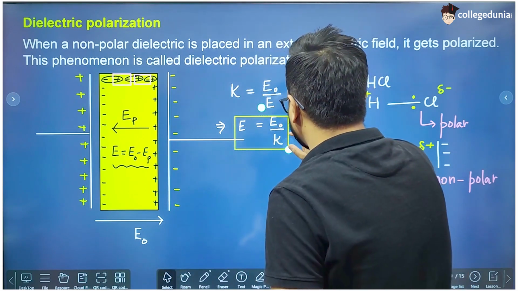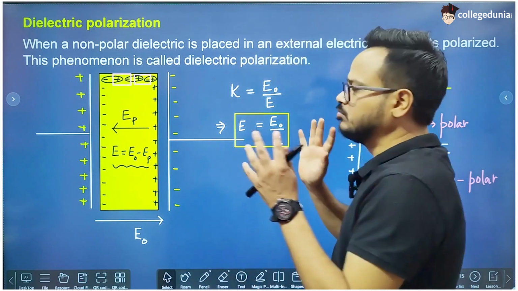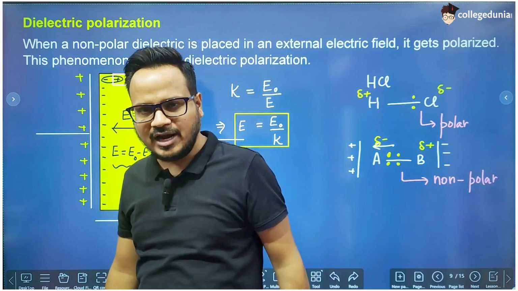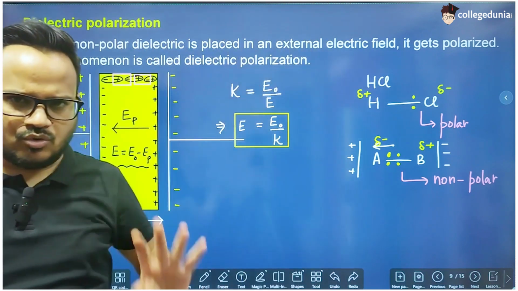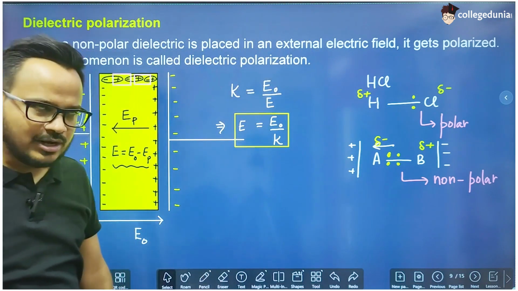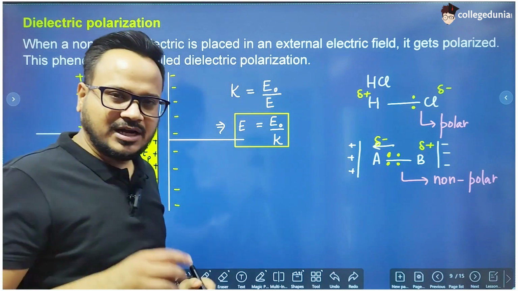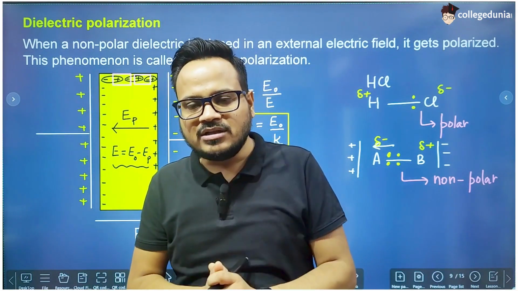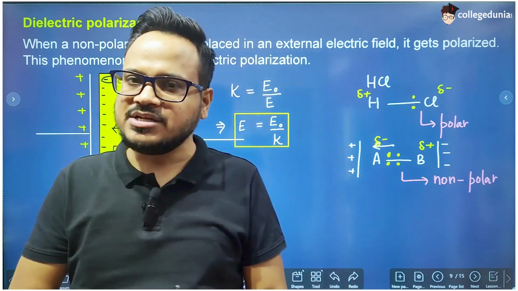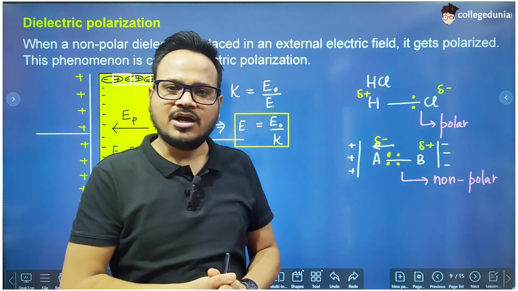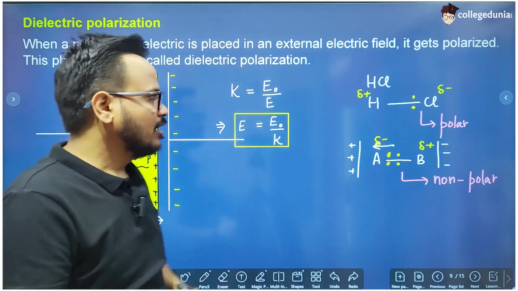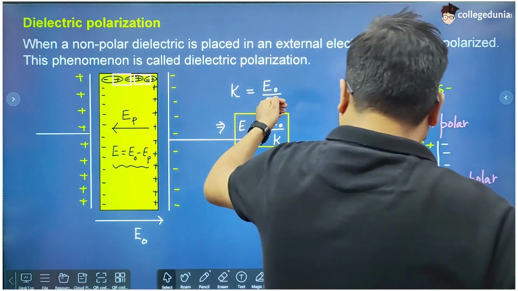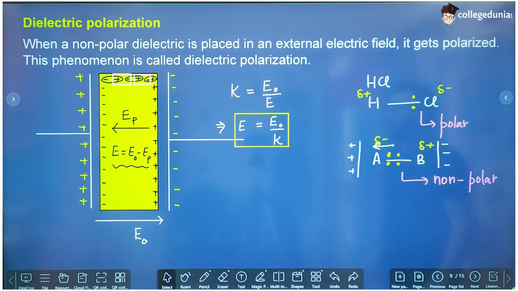Suppose the dielectric constant of a dielectric material is 2, which simply means that if this dielectric is placed in an external electric field of 10 Newton per coulomb, then the net induced electric field inside the dielectric will be 10 by 2, that is 5 Newton per coulomb.